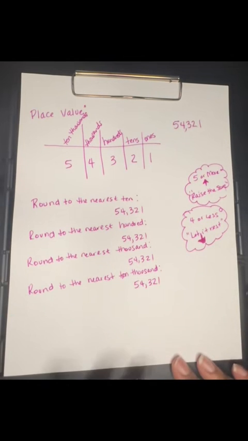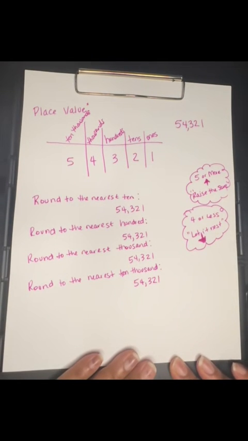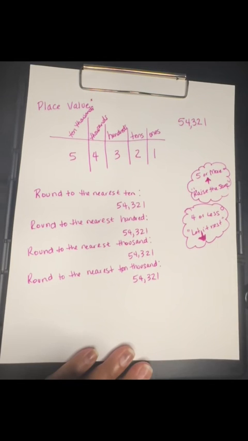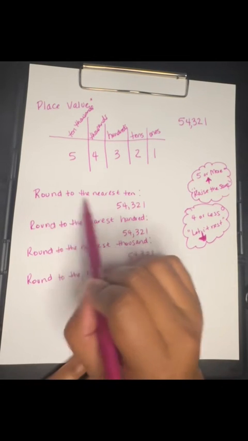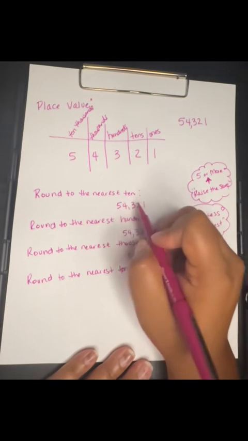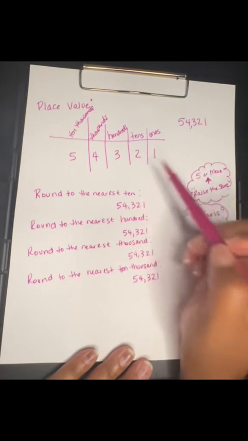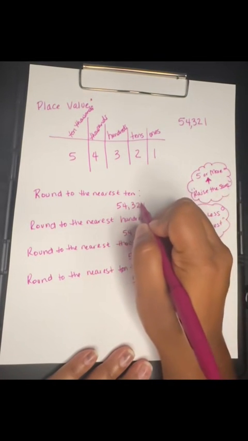All right. So when we look at rounding, we'll look for the place value that they're asking for, but we also look at the digit that comes behind it that we want to round. On the first question, it asks us to round to the nearest 10. So this is my tens place. We already established that 2 is in the tens. So I'm going to circle the 2.